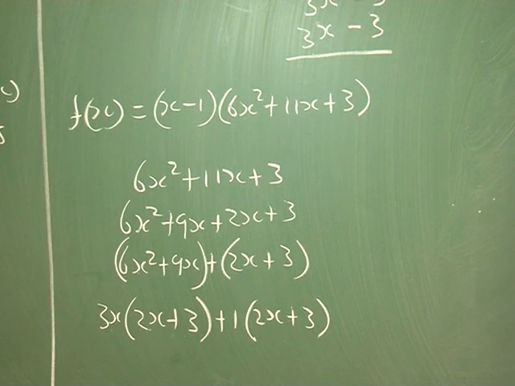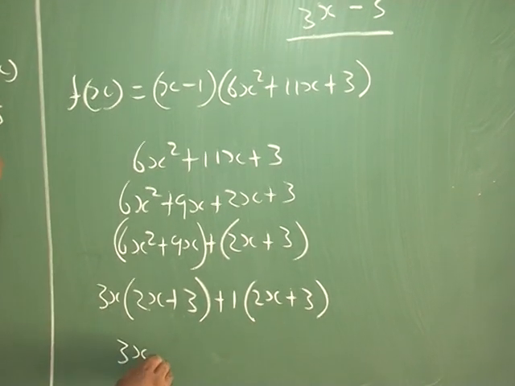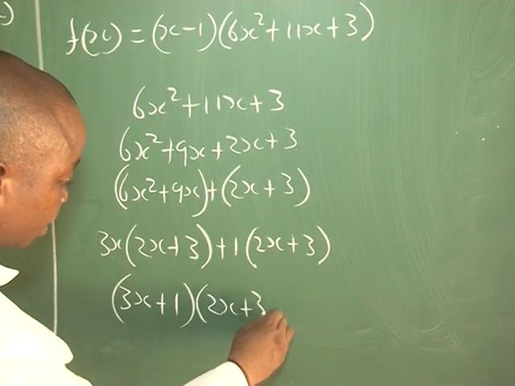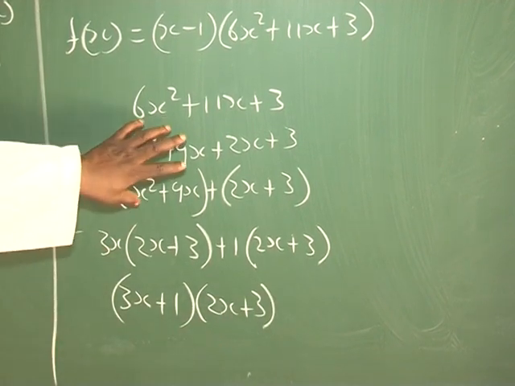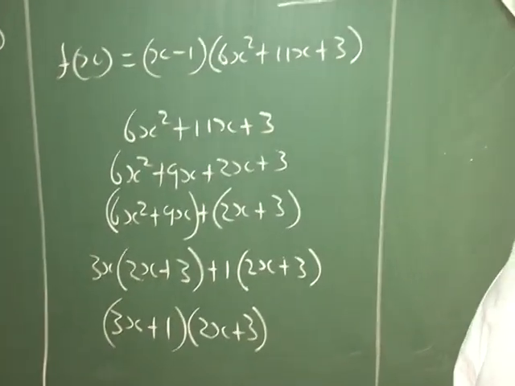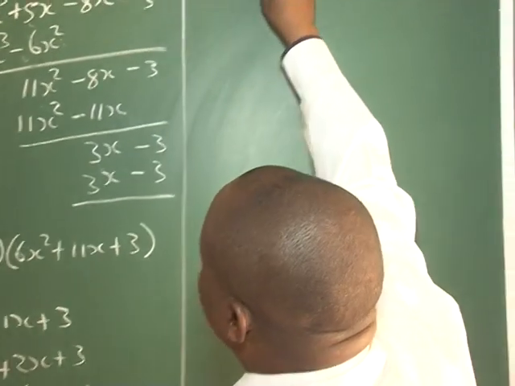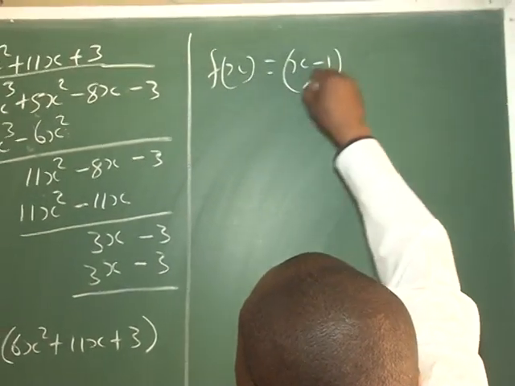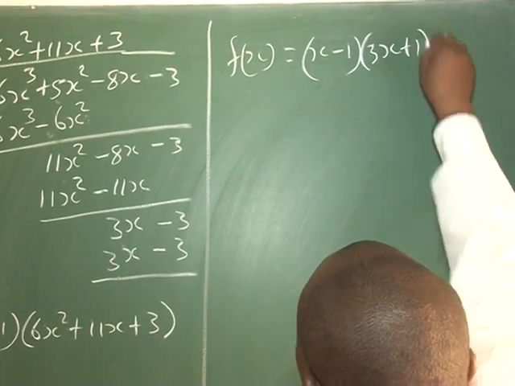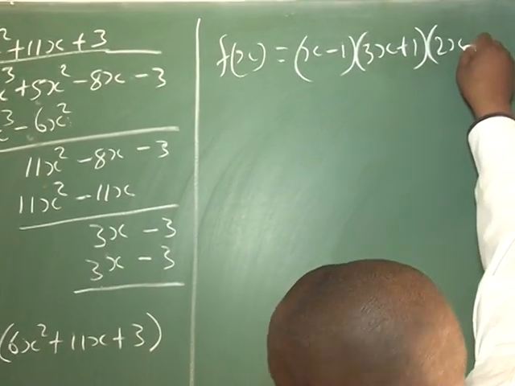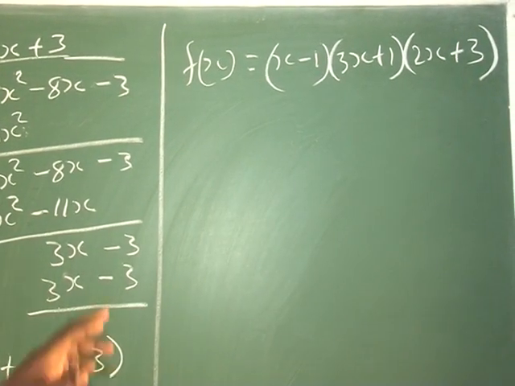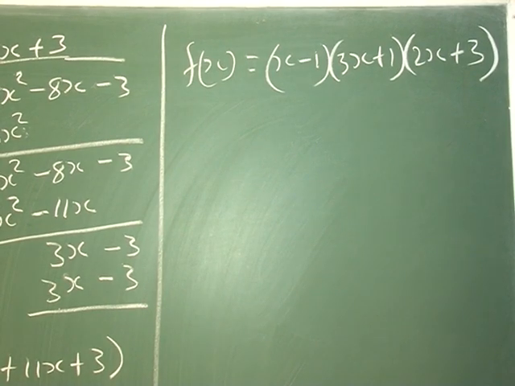The brackets are equal, which means 3x plus 1 and 2x plus 3 are the factors of this quadratic. Therefore, f of x now becomes x minus 1, we also have 3x plus 1 and 2x plus 3. So these are the factors of f of x.